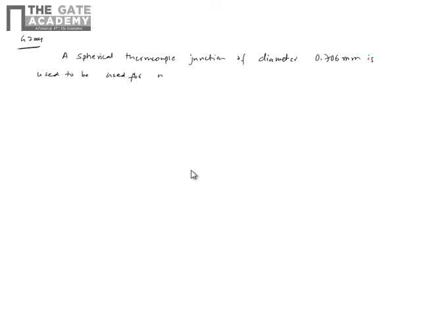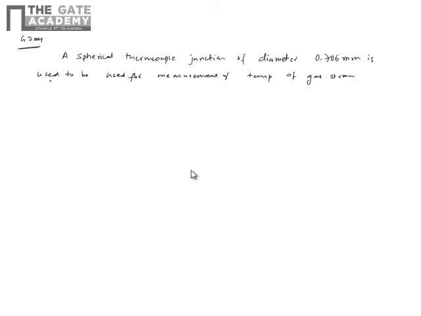Let's discuss another problem from GATE 2004. This is again a problem on lumped analysis. A spherical thermocouple junction of diameter 0.706 mm is to be used for measurement of temperature of a gas stream.